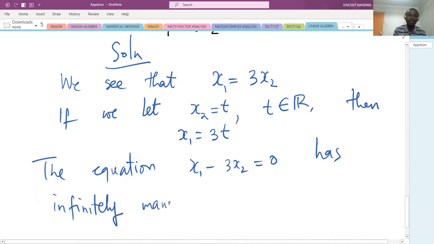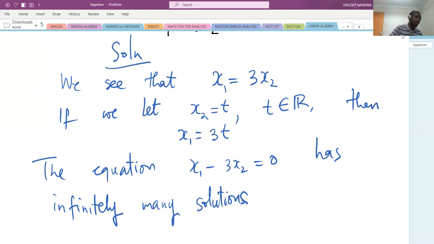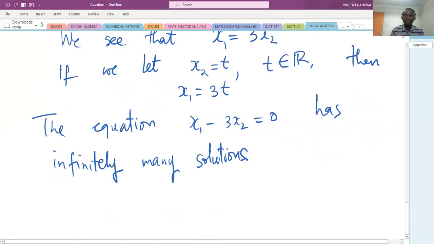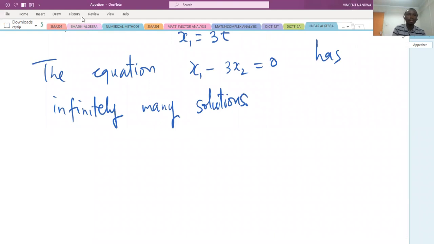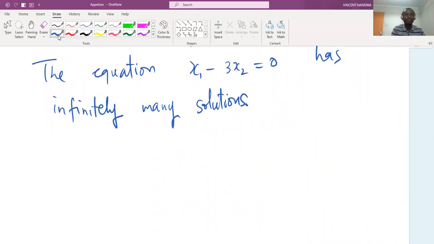These three examples take us to the characterization of the nature of solutions of any given simultaneous equations or any given set of linear equations. But before we do that, let's define what we mean by a solution of a system of linear equations, or just what a linear equation is.